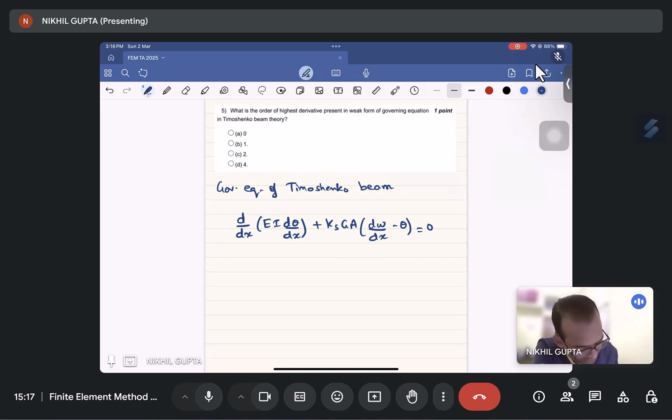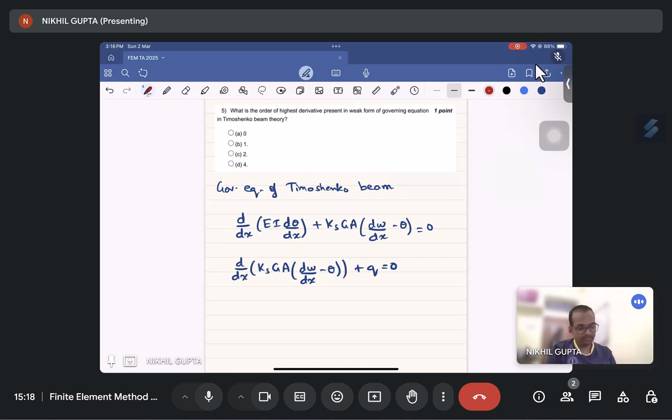And another one is d by dx of ks GA (dw by dx minus theta) plus q equals 0.